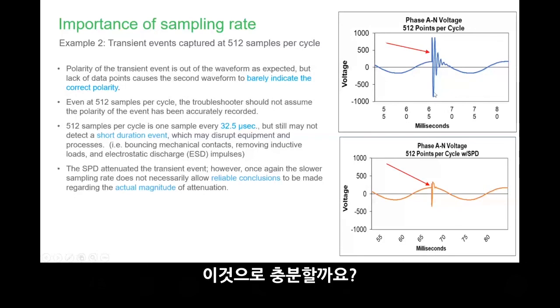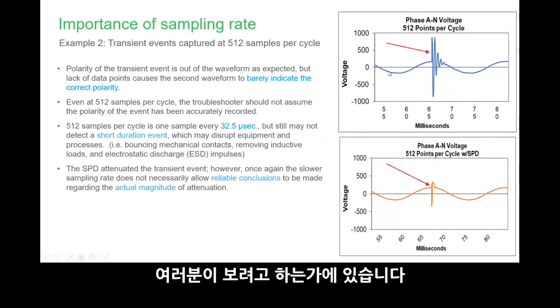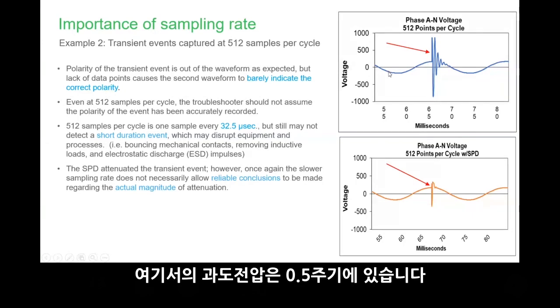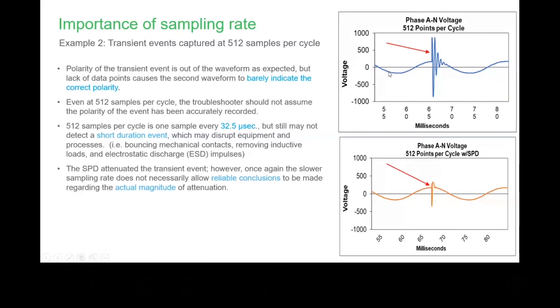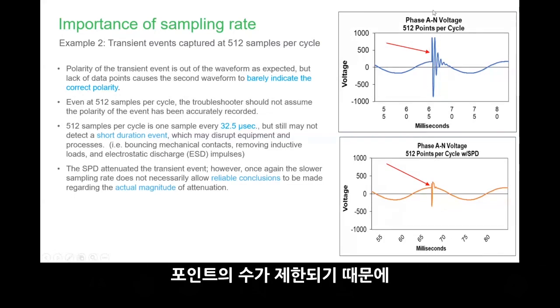Now, is this sufficient? The question is how much information, or how accurately, do you want to see the transient? Transients we are talking about are less than 0.5 cycle, and the magnitude is very high. If you have fewer points to capture, a lot of information, such as the very high peaks up here, could disappear.